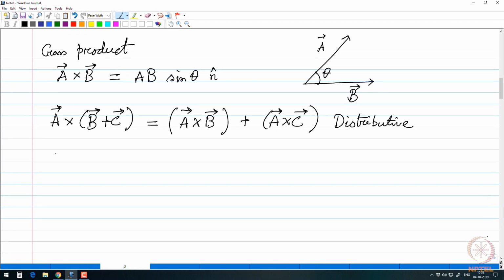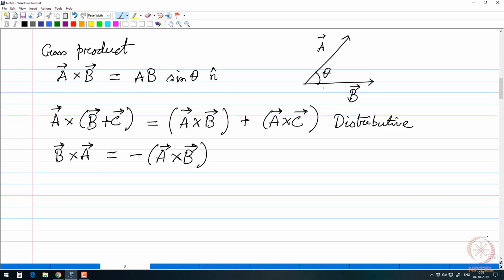Also, B cross A equals minus A cross B. The sign inverts, and we can clearly see that from this picture.